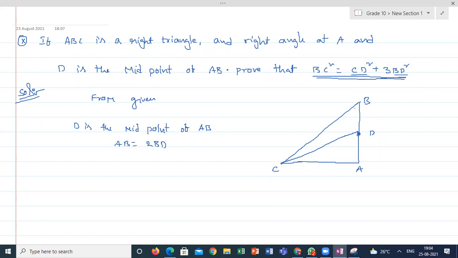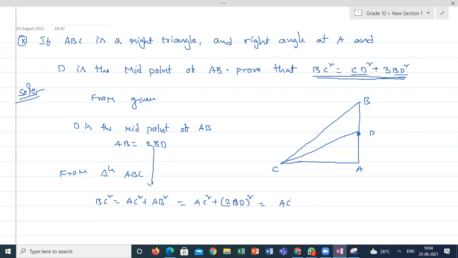ACD is one right angle triangle, ABC is another right angle triangle. From triangle ABC, I can write BC square is equal to AC square plus AB square. So AC square plus AB square can be written as AC square plus 2 times BD whole square.